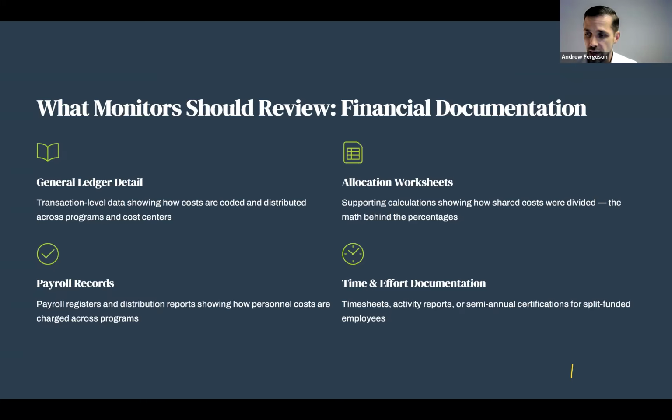Well, that's not necessarily indirect and then being put into the allocation pool. That's them, they can show on their timesheet they spent half their time direct charge to one grant, half their time direct charge to another grant. So generally for an employee, when you're testing an indirect cost for an employee, you're generally testing the C-suite, so the executive director, the CFO.